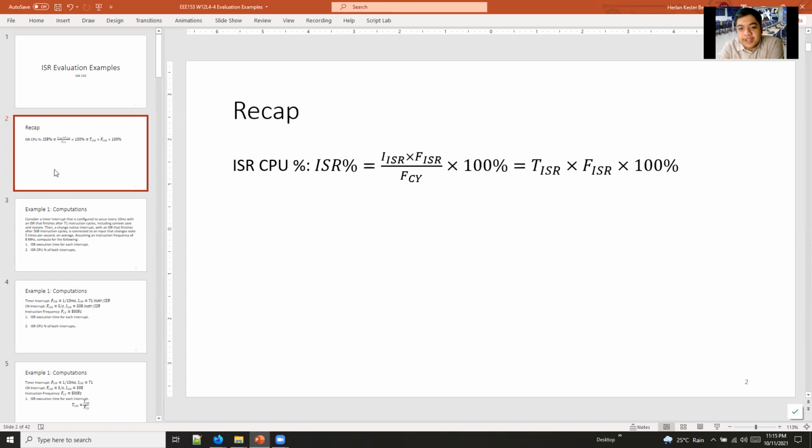ISR percentage equals ISR instructions times yung frequency ng ISR over the instruction frequency times 100%. Or alternatively, the instructions per ISR divided by the instruction frequency gives us the execution time or time it takes for each ISR. So let's get right into it.